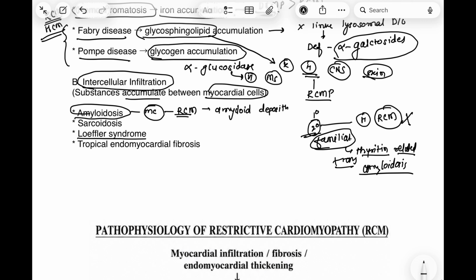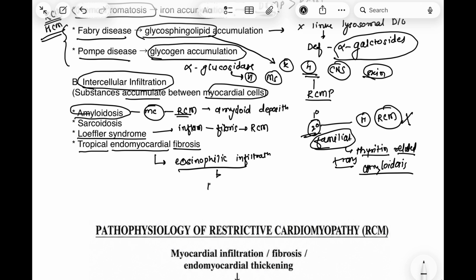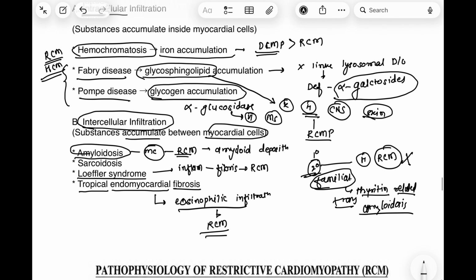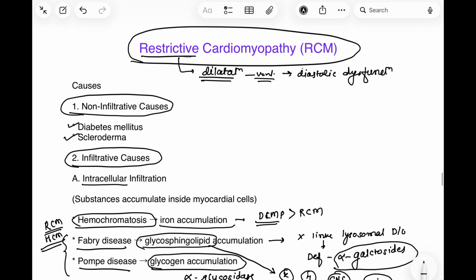What happens here is there is chronic inflammation which leads to fibrosis, leading to restrictive cardiomyopathy, right? Another one is tropical endomyocardial fibrosis. What we get in this condition is eosinophilic infiltration which leads to restrictive cardiomyopathy, right? So these are the various causes of restrictive cardiomyopathy that we must understand.